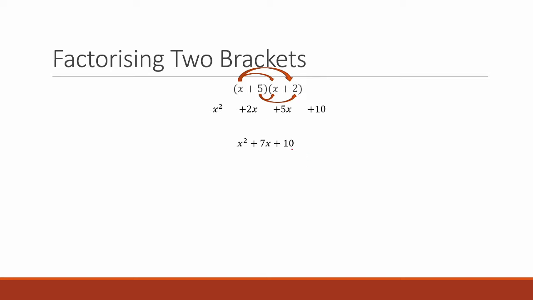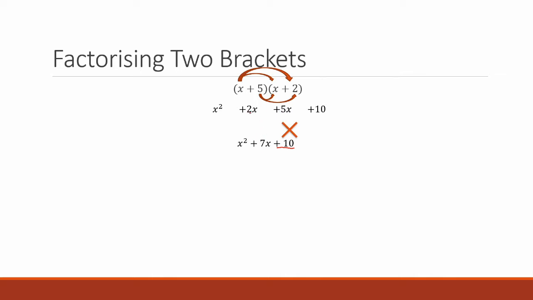Now the question is, how did I get this 10? Where did it come from? If we work backwards here, we'll see this 10 came from that last pairing where I multiplied my 5 and my 2. So I'm going to be trying to find two numbers that will multiply to get to 10. And the other question then is, how did I get to the 7?